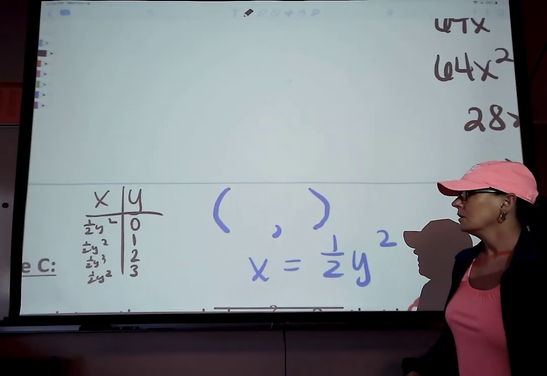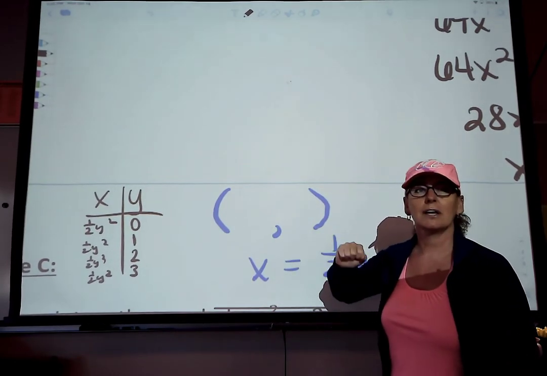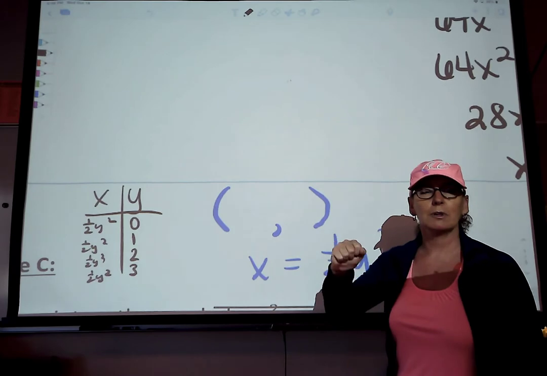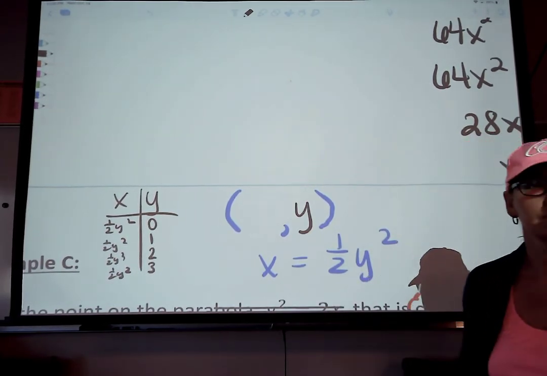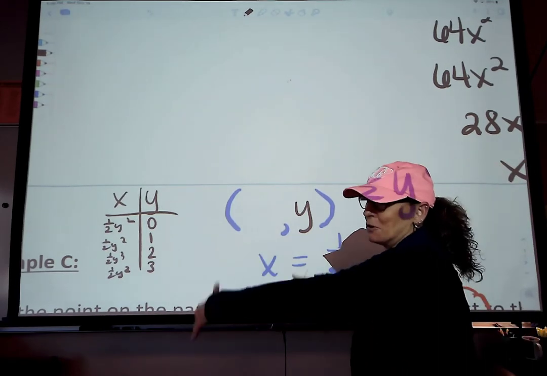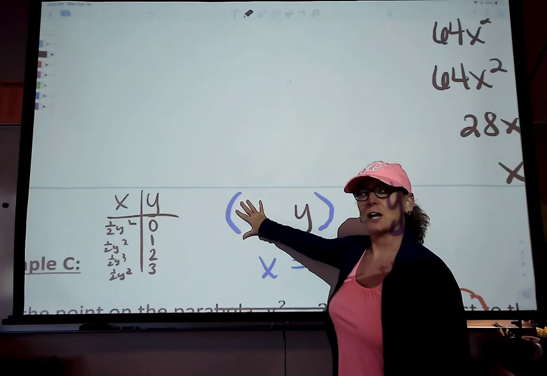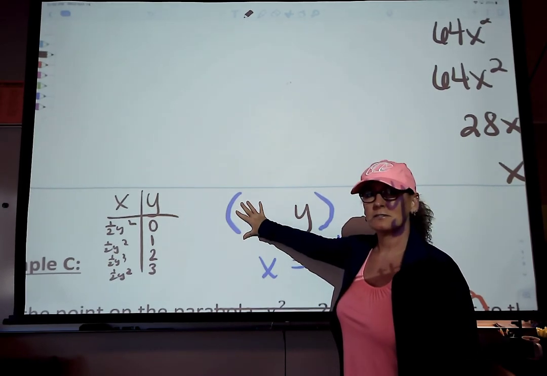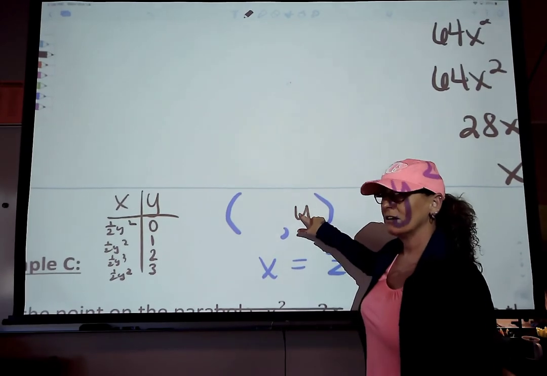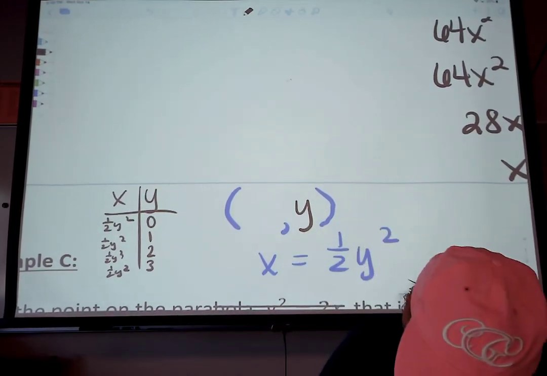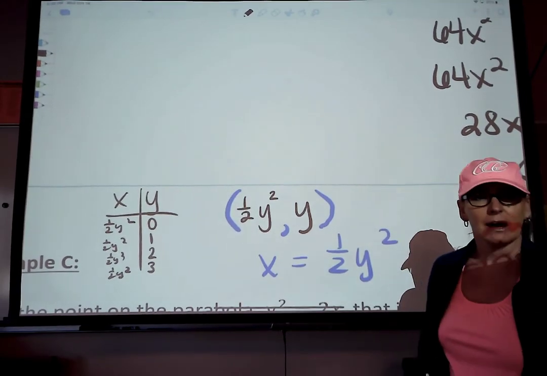Okay. Look at this ordered pair. What are we plugging in? We're plugging in y's. That's our input variable. How do we get our x? We take this and we square it and we multiply it by a half.